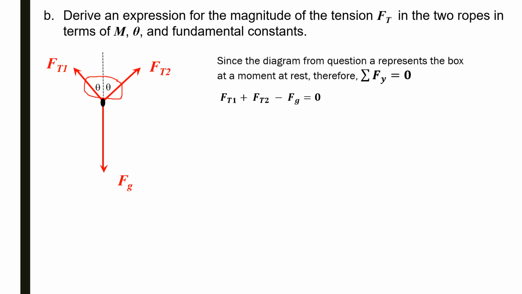So tension number 1 is positive, tension number 2 is also positive, and the force of gravity is going down, so that is negative. Everything going up is positive and everything going down is negative. In this case, there are only three forces, so we're already done setting up the equation.